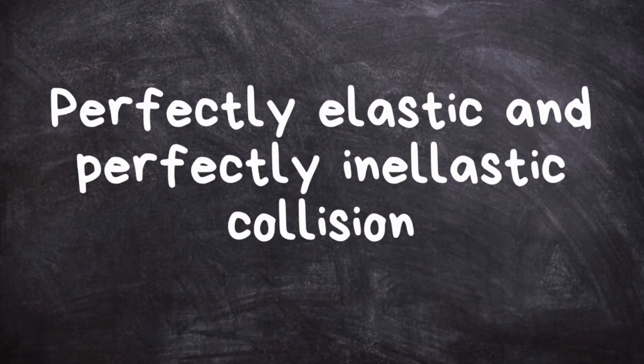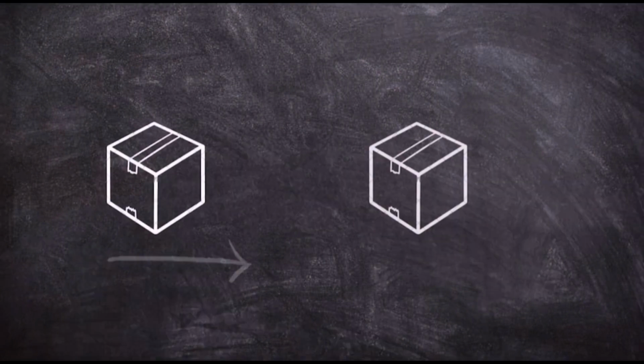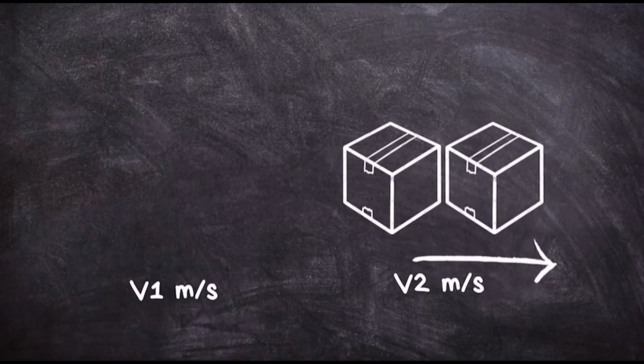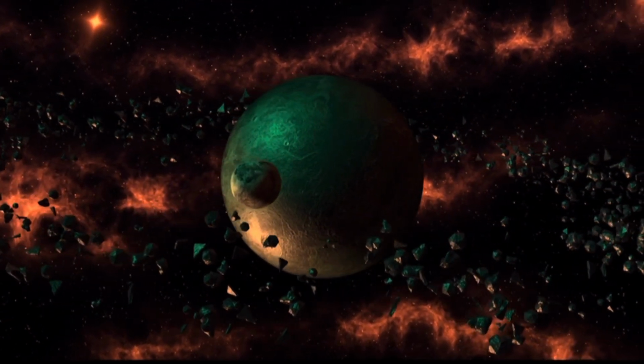With that all said, there are types of elastic and inelastic collisions that we call perfectly elastic or perfectly inelastic collisions. Well, what are they? Perfectly inelastic collisions are essentially separate objects colliding and becoming one mass. For example, when asteroids collide, they fuse together and become one object.